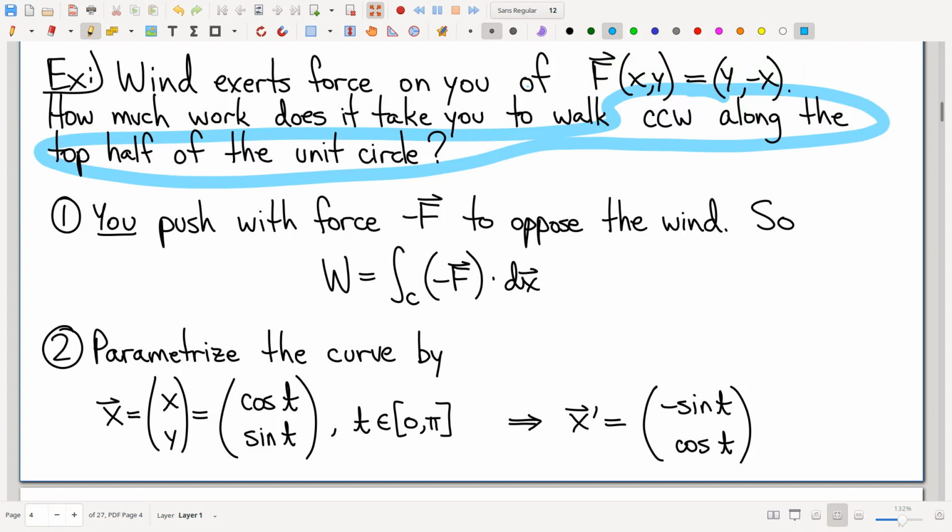Not only is the underlying curve given, the top half of the unit circle, but notice it is an oriented curve, because it is explicitly specified that this is counterclockwise. Is that good, everybody? Okay.